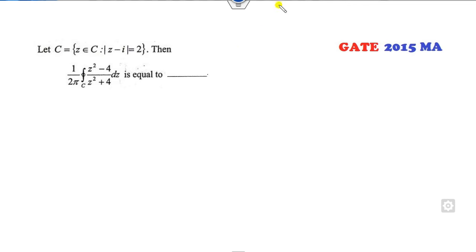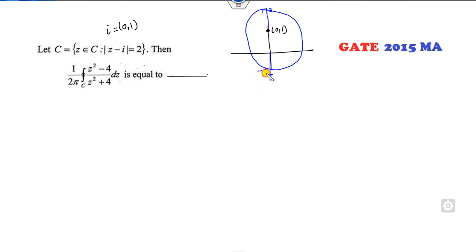Okay, now again this is a circle. Center is iota, that means 0, 1. Radius is 2, so this is 1, this is 2, and here is 3. This is my circle of -1, 0, 1, and this is 3.